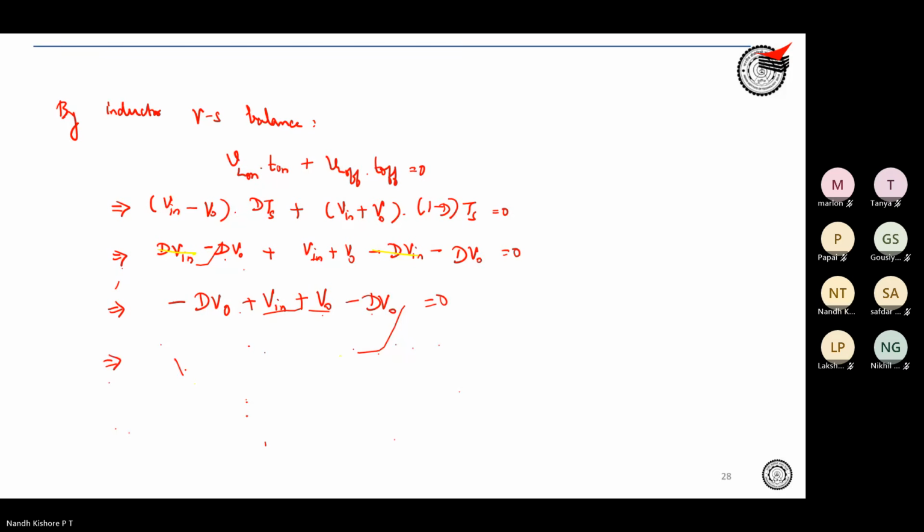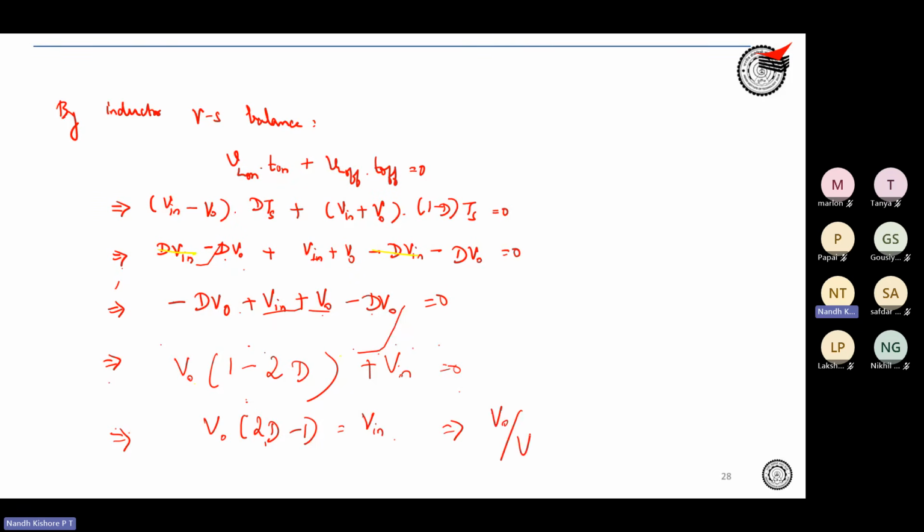So V0 into 1 minus 2d plus Vin is 0. So you get a relationship that V0 into 2d minus 1 is equal to Vin, correct?